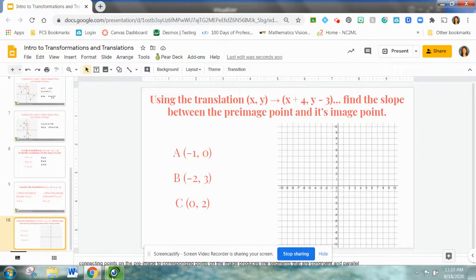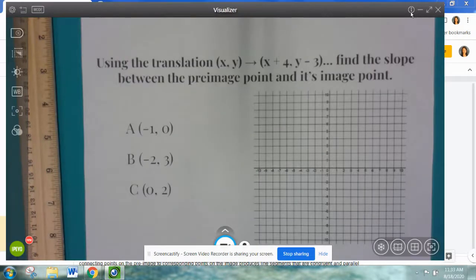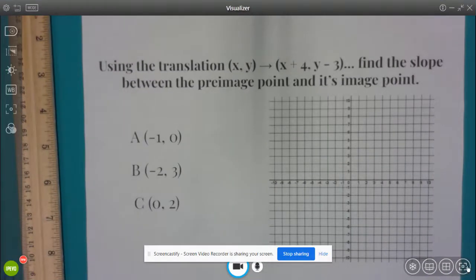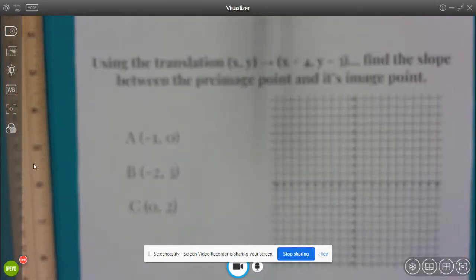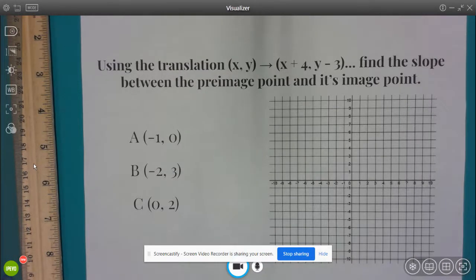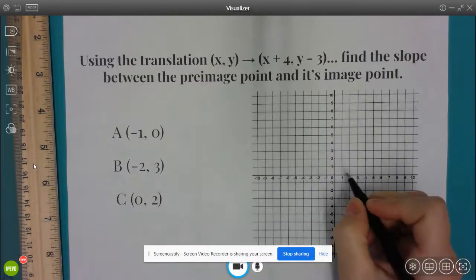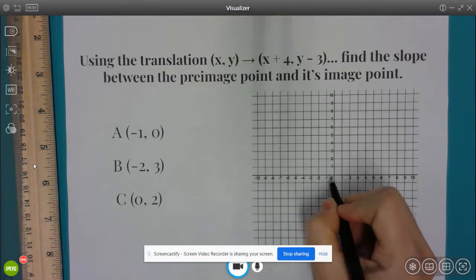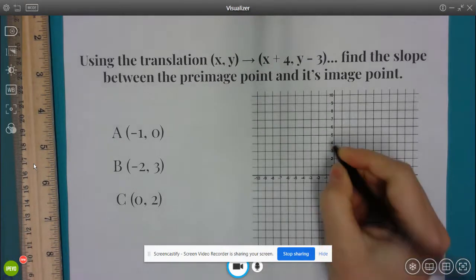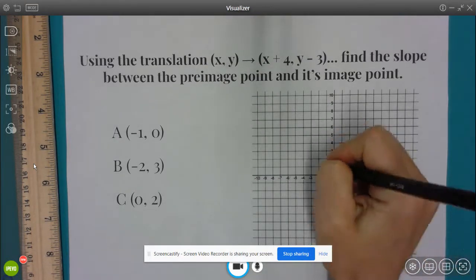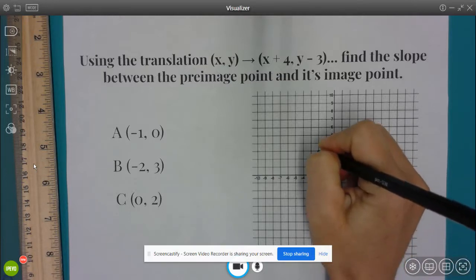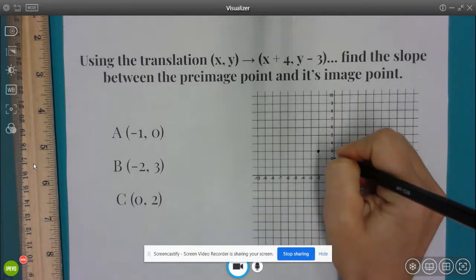So I'm going to transfer to my document camera. Make sure it's focused. I would suggest maybe having a separate color and a ruler would be beneficial. So I'm going to start by graphing points A, B, and C. So -1, 0, -2, 3, and 0, 2.